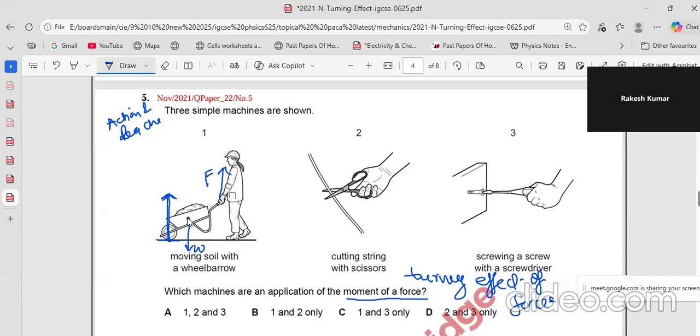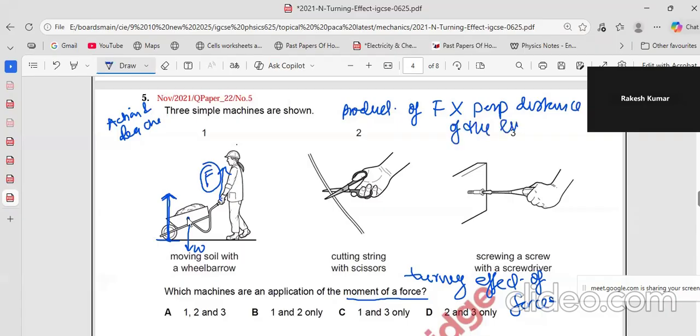If you look at it from the point of view of this girl, her force F has a moment. Now, the definition said the product of force and the perpendicular distance of the line of action of the force from the pivot.